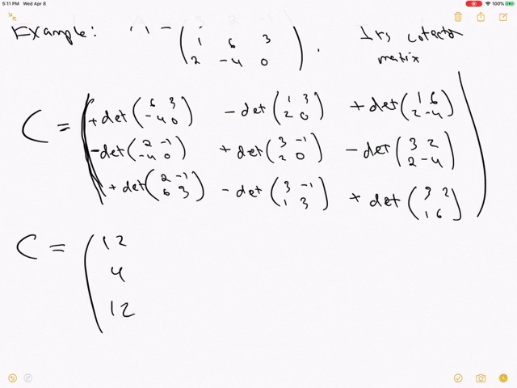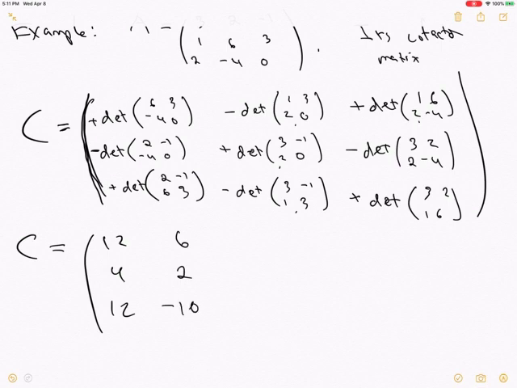The next entry, the determinant is minus 6, but then there's a negative, so that becomes a positive 6. Here, the determinant gives you a positive 2, and so you get positive 2. Here, the determinant in the 3-2 position gives you 10, but then you have to make that negative, so you get negative 10.